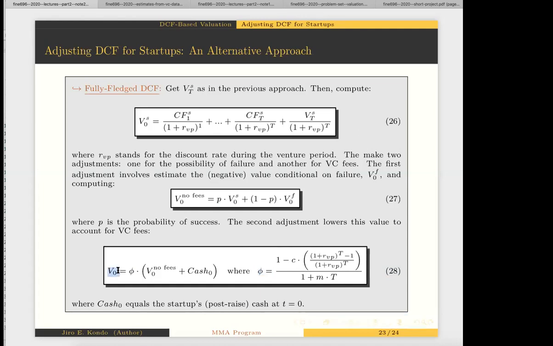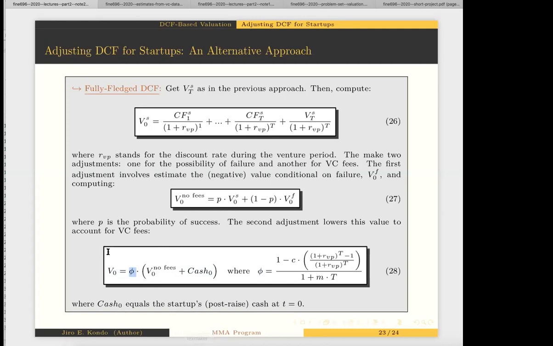That gives us a value of the company that accounts for success versus failure while directly modeling the cash flows from time 1 to time T. It also picks up the possibility that the company is cash constrained and is raising capital, but also adjusts for the fact that the value should be lower because of the fees associated with making an investment in a startup.